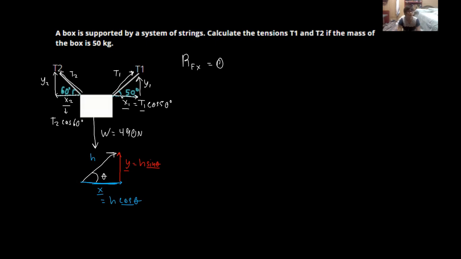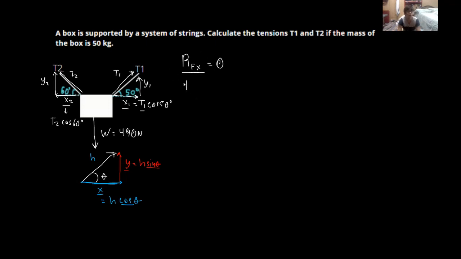Ito naman sa T1, nakadirect to the right, ibig sabihin positive siya. Pero ito, direct to the left, ibig sabihin negative ito. Explain ko kung bakit. Ilagay natin lahat ng mga given dito. What are the horizontal forces sa resultant force of the x component?